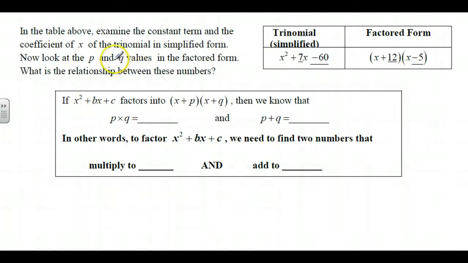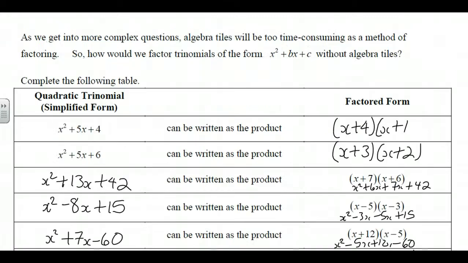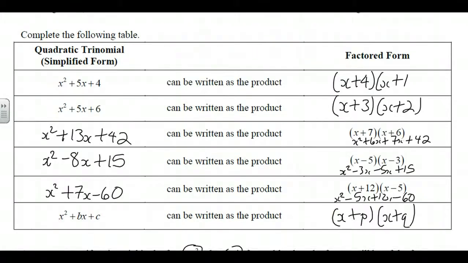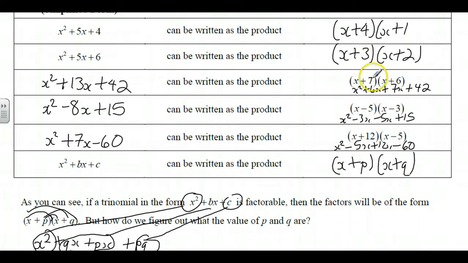In the table above, if you examine the constant term and the coefficient of x of the trinomial in simplified form, and look at the values of p and q in factored form. So you look here: 42, plus 15, minus 60.